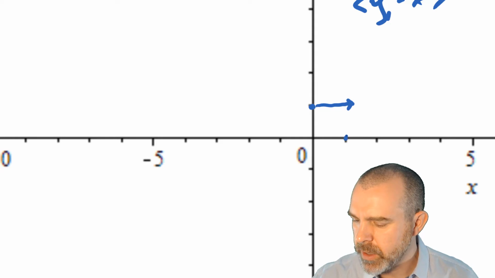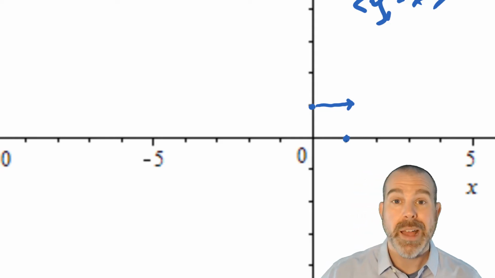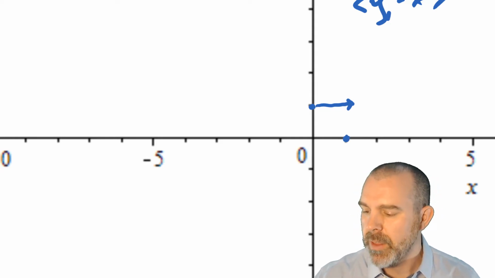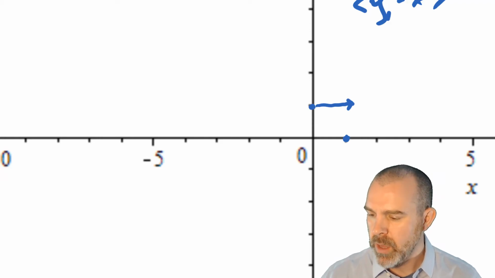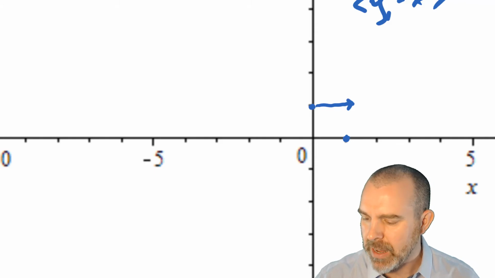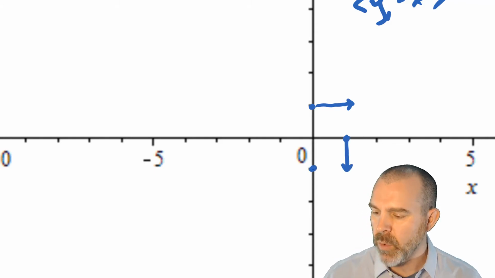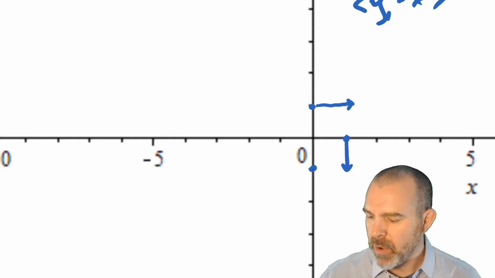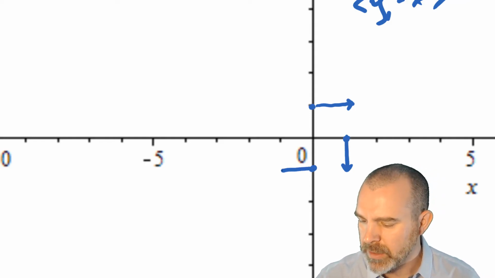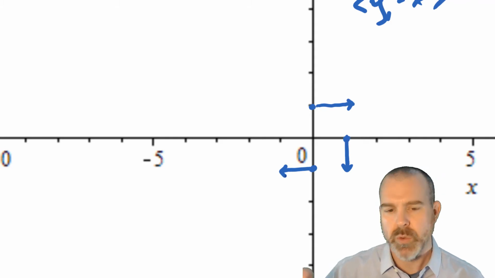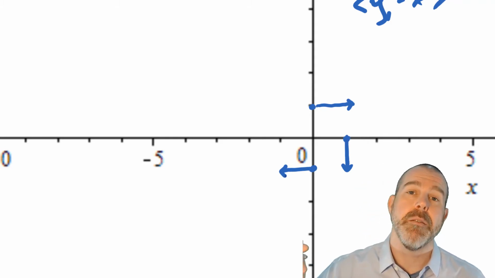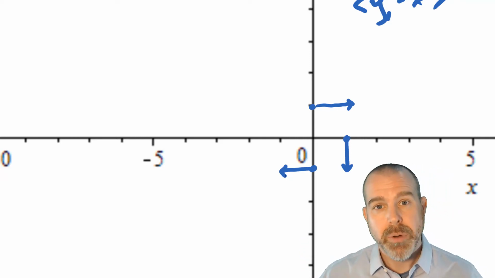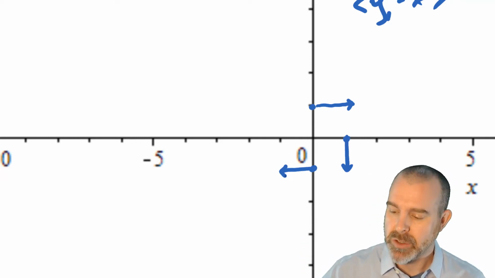What if we go on the unit circle over here at 1, 0? The x component will be the y coordinate, so the x component will be 0. The y component will be negative 1. So it moves down like this. If we go down here at 0, negative 1, the x component will be negative 1, the y component will be 0. It's kind of messing with you there, but again, the x component of the vector is the y coordinate, and the y component of the vector is the opposite of the x coordinate.